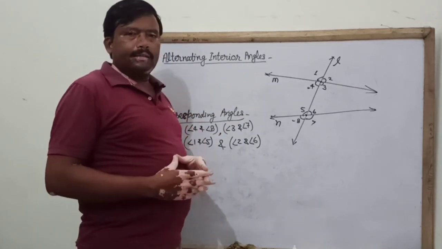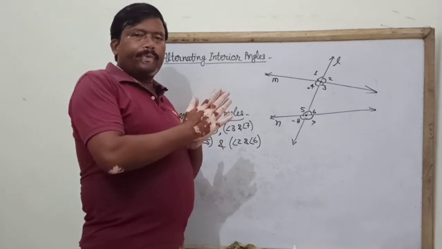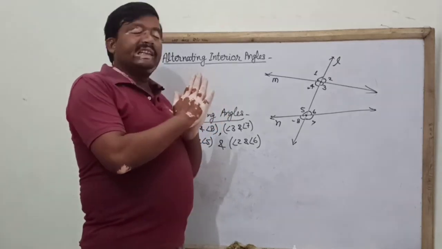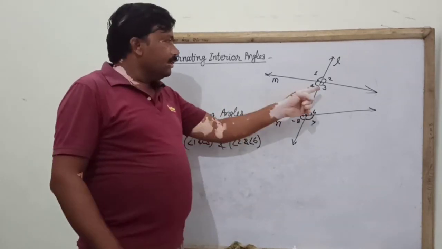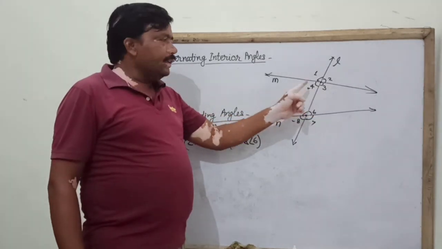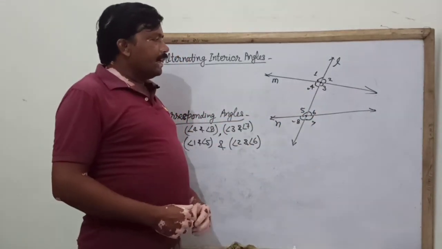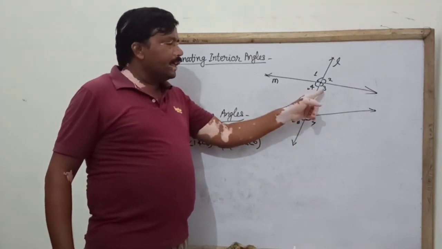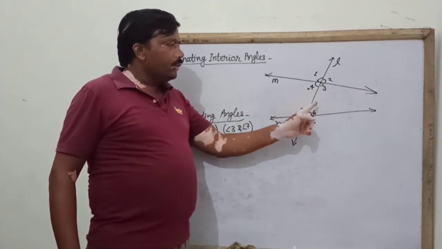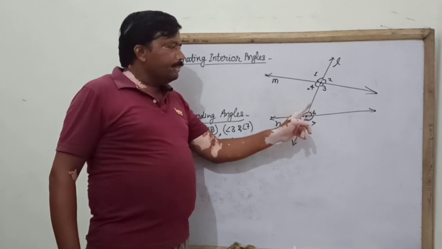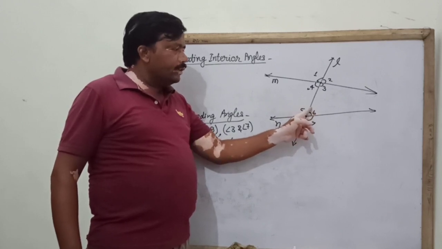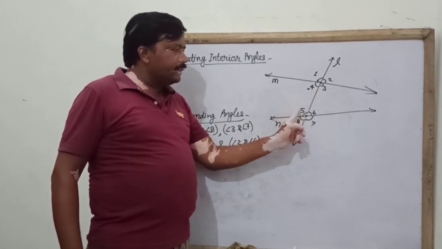Alternating interior angles. We have found that there are 4 interior angles: angle 3, angle 4, angle 5, angle 6. And for alternating angles, if we count here 1, 2, 3, we can leave 2, then 1 and 3.